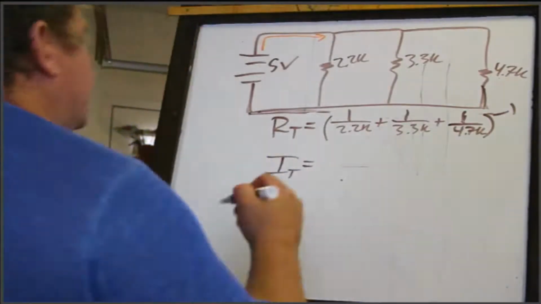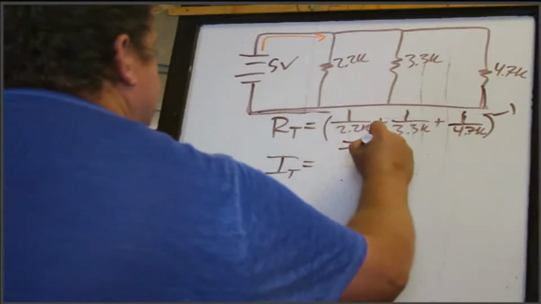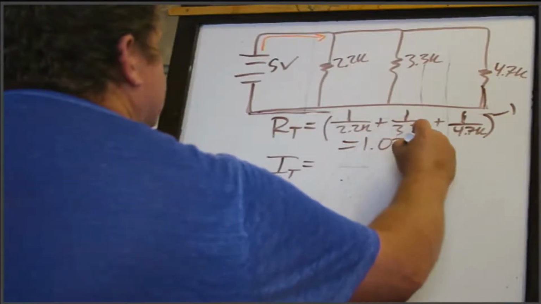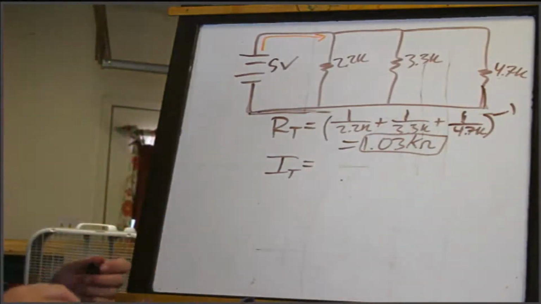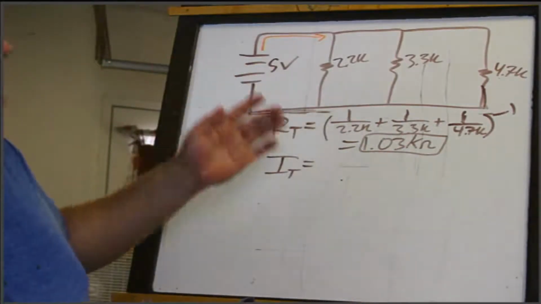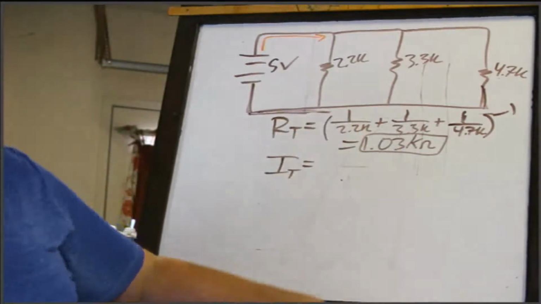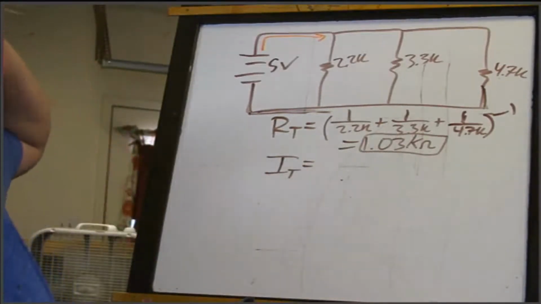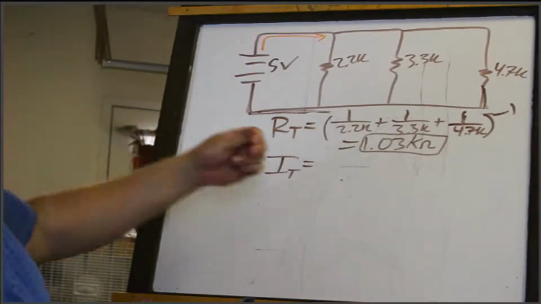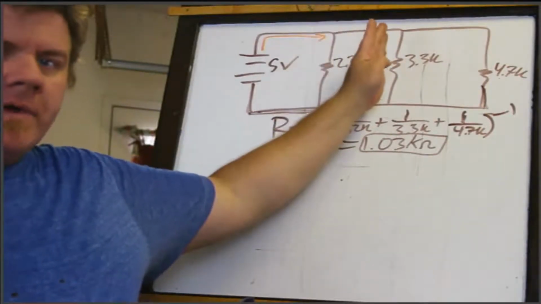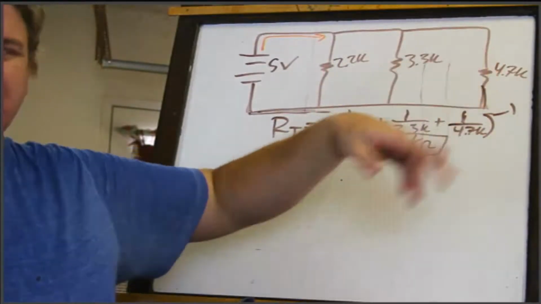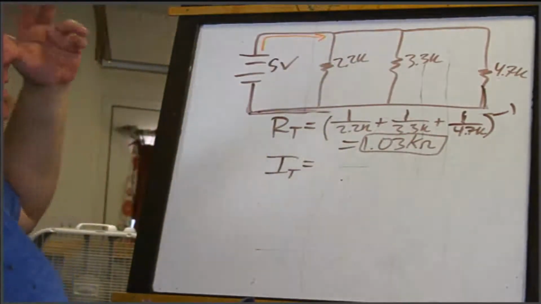And that's what I got. Okay. And again, I just punched this all into my calculator and let it do the work for me. If I would have used the pairwise, I would have had to do these two first, gotten an equivalent, and then taken that value and pair with this one. Okay, you have to keep doing it over and over and over, and I don't like doing that.